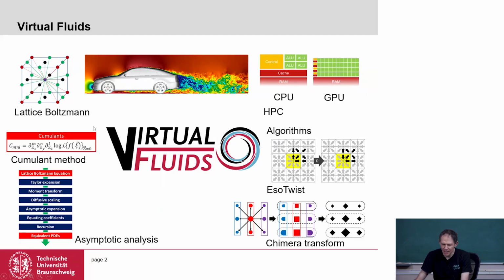And the things that we believe are important is, of course, the cumulant method that we have been talking about today. So we are using cumulant, we are using the D3Q27 lattice. So again, we are not offering many different collision kernels. We are not offering many different lattice discretizations. We focus on the one thing that we think is the most important.